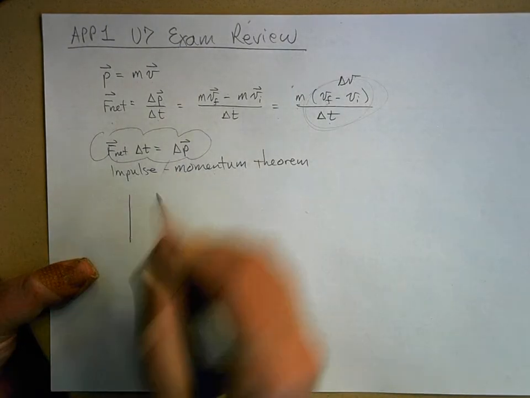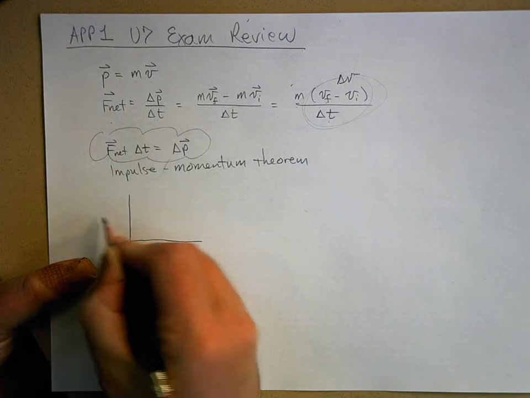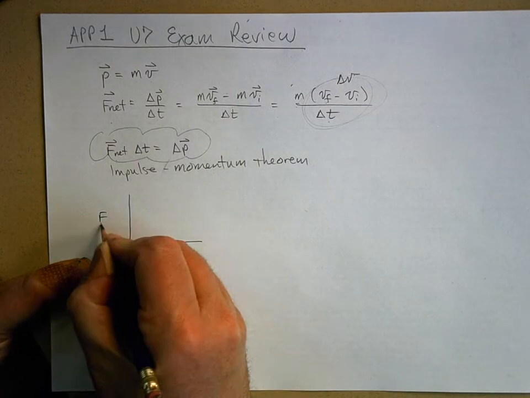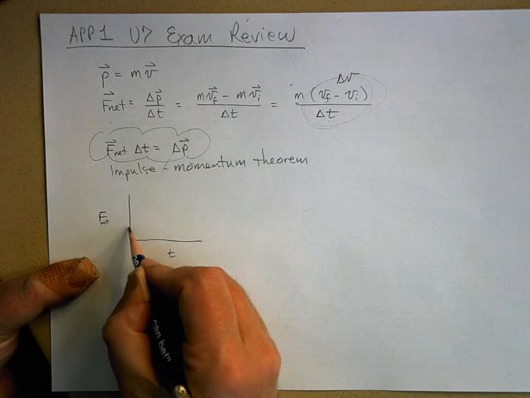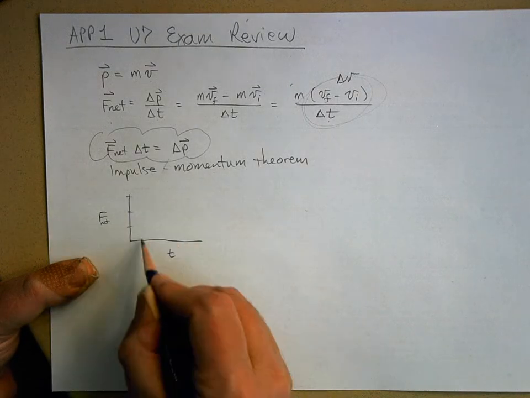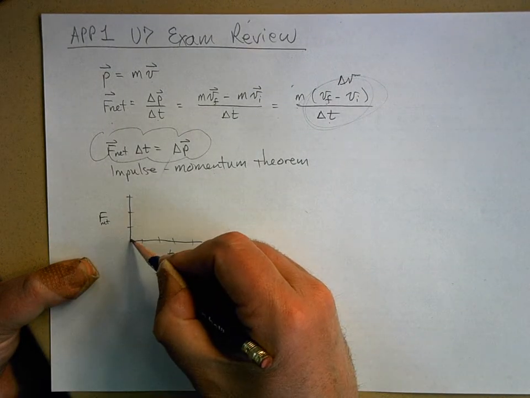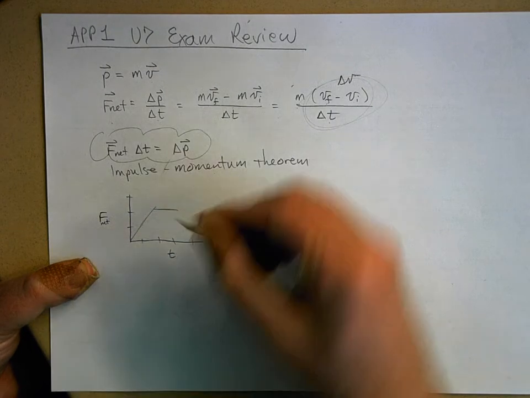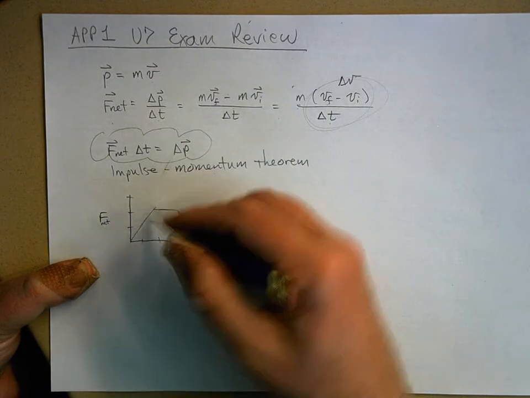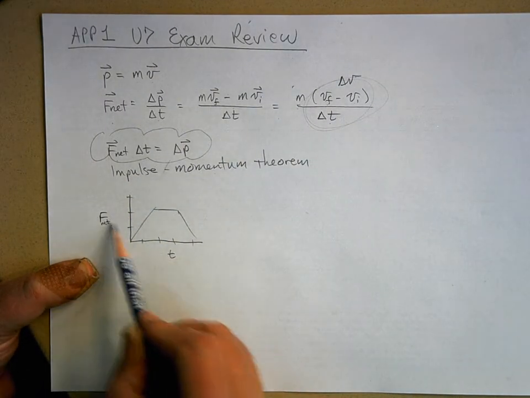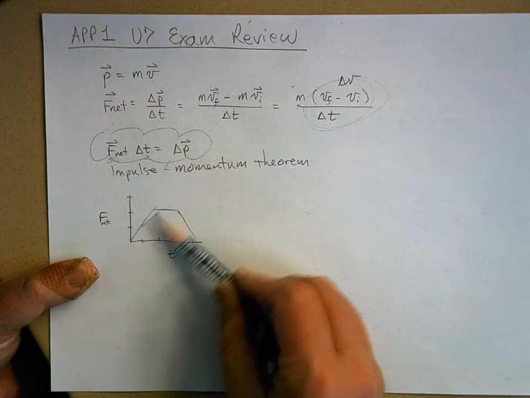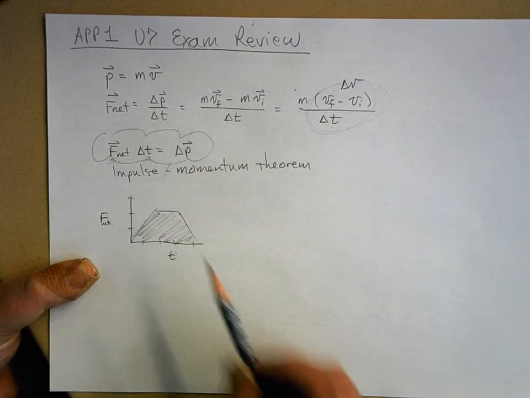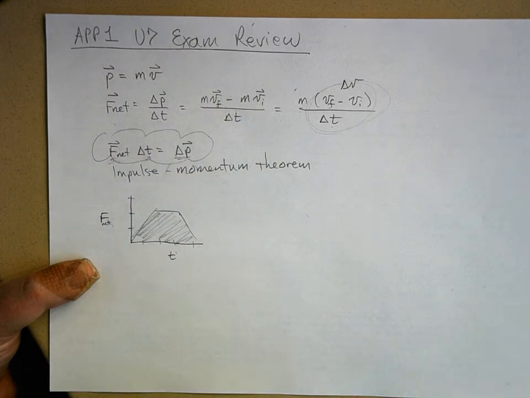I'm going to give you a graph. And if I give you force, this is the net force acting on an object, and this is the time that it's acting, and I will definitely put values on here. Well, anytime you have a product, this times this, the area underneath that graph gives you the third quantity.